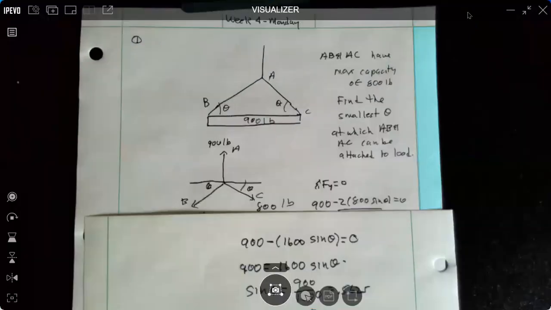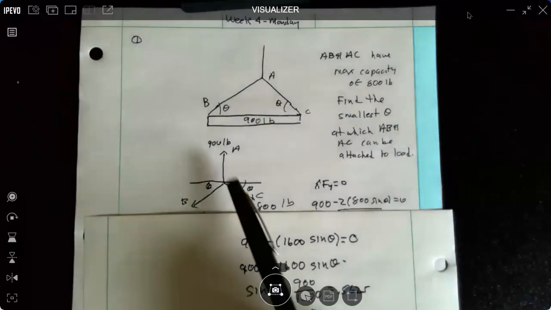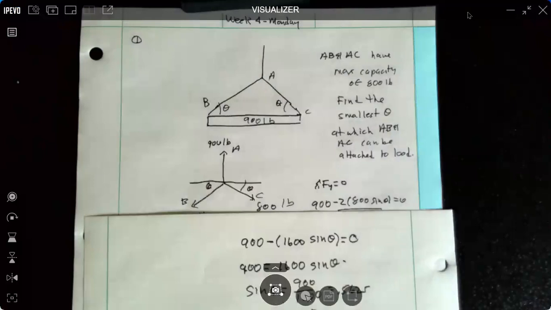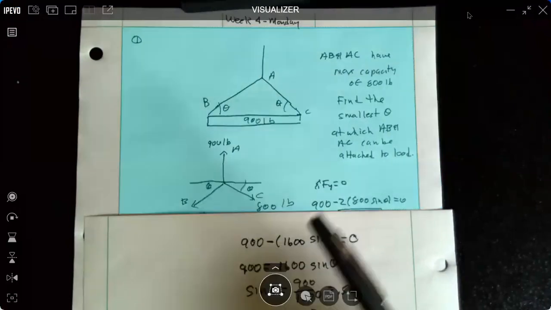Well, here's the first problem we want to take a look at. This is a diagram of a cable system.